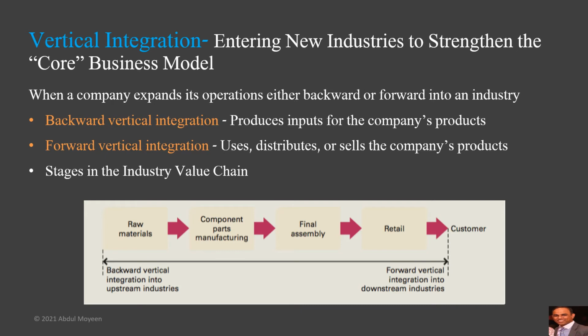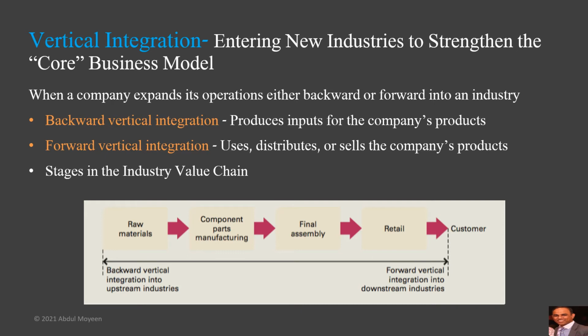If we take the case of an ice cream producer, it means if the ice cream producer is at the final assembly and ice cream production needs ice, sugar and milk mostly, and if the ice cream producer now moves backward to produce this sugar and milk and ice, then it would be called backward vertical integration.